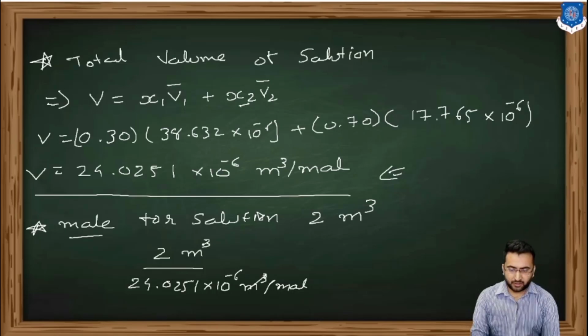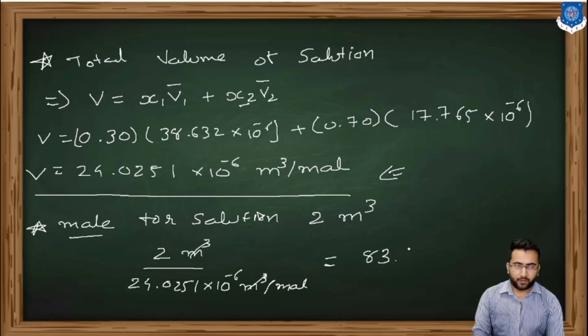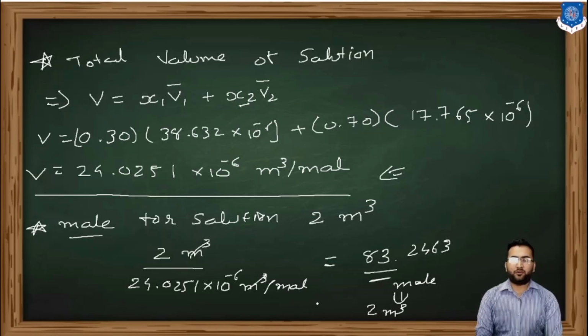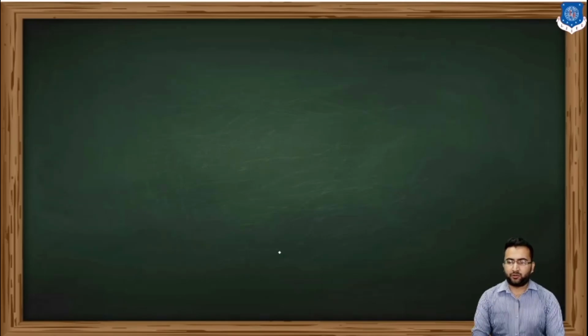So the meter cube cancels and we will get the mole, which is 83.2463 mole required to make 2 meter cube solution. So this is the total mole required to make 2 meter cube solution.